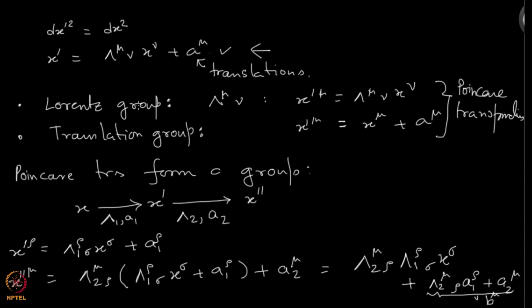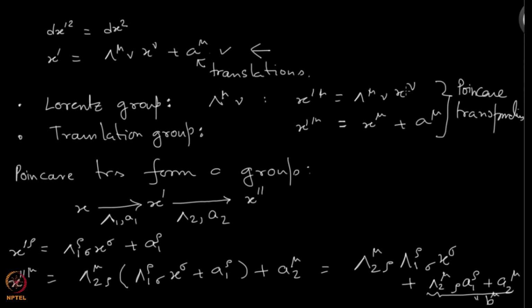And we have already seen that Lorentz transformations form a group. So, if you look at all the matrices lambda mu nu and the corresponding transformations here, then they form a group. And then we have the translation group. If you take these transformations x prime mu is x mu plus a mu, you can easily verify that these transformations form a group, because you have to check closure, inverse and identity, and it will be very easy to verify that translations do form a group.